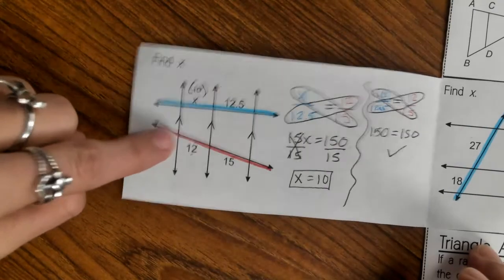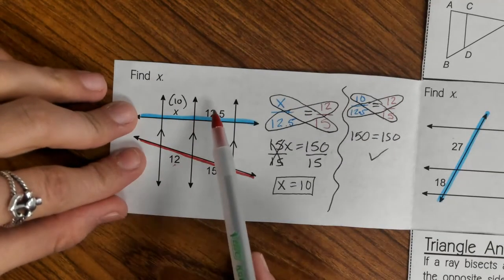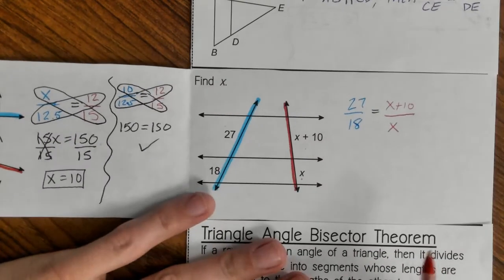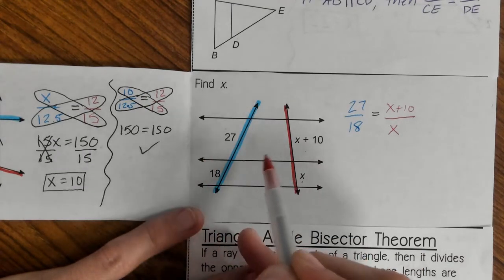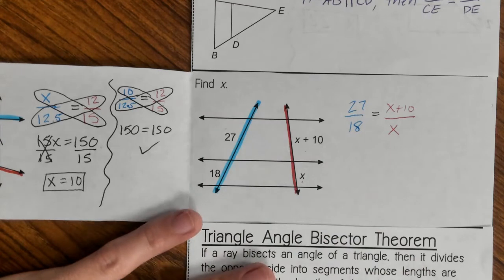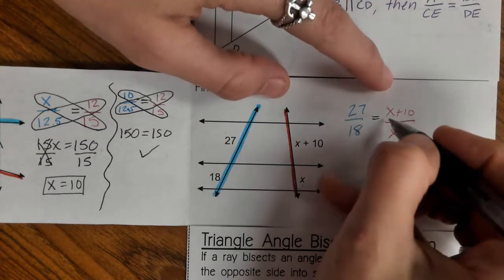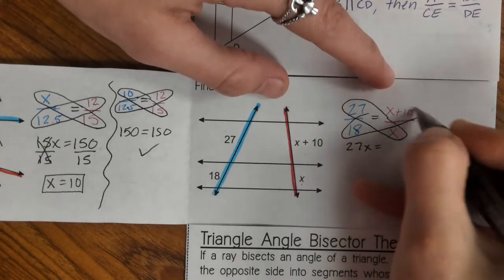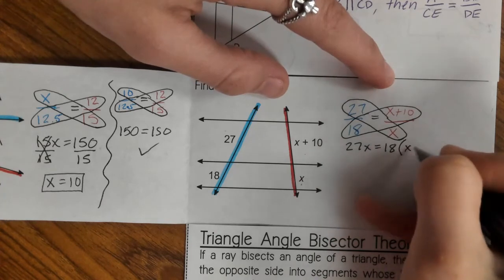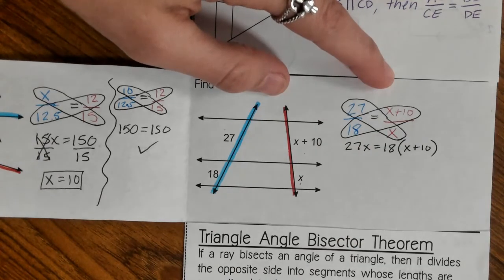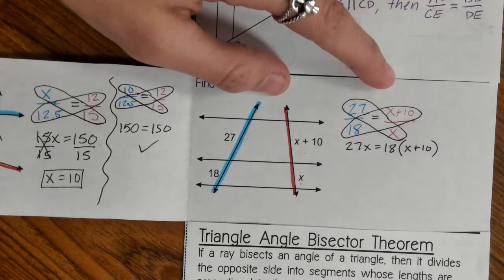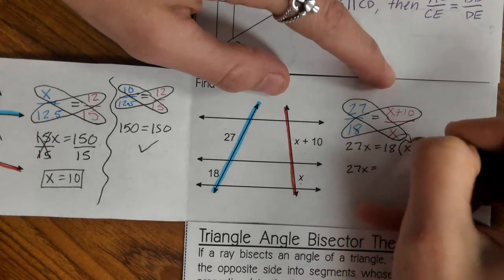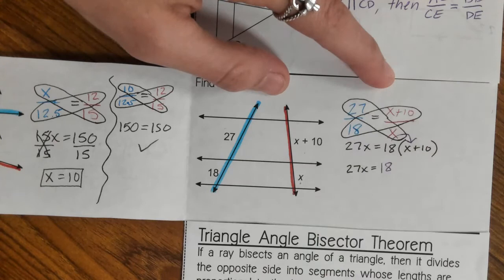So unlike this one, you could honestly do x over 12 equals 12.5 over 15 as well. There are so many different ways to set up your proportions. Okay? This right here, you got your fraction bar equals fraction bar. That's what we see here. So we're going to go ahead and do our cross multiplication. Here we have 27x is equal to 18 on the outside, x plus 10 on the inside. And when we distribute, we'll bring down our 27x and distribute the 18 to x. 18 times x is 18x.